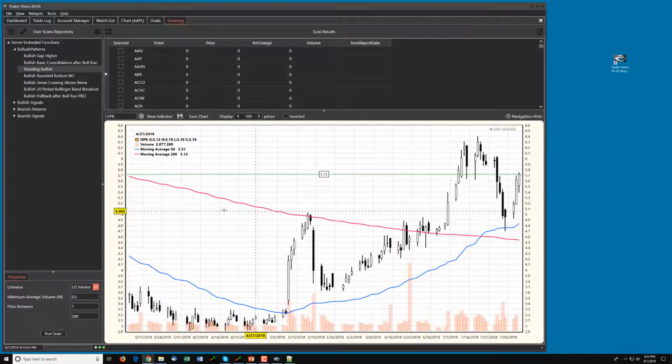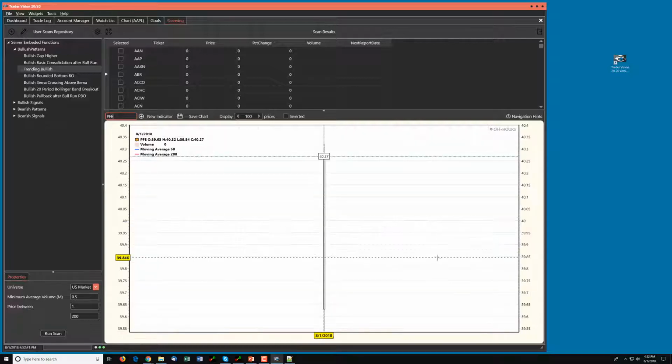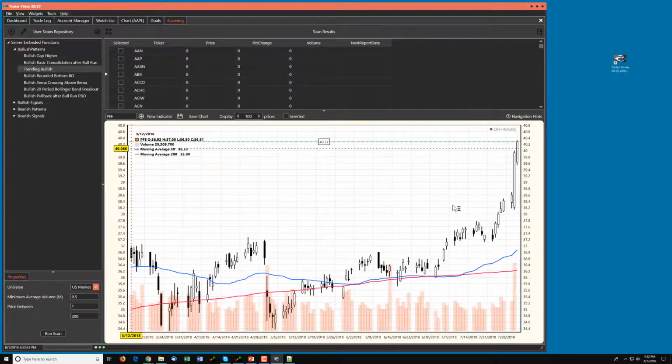William, you like PFE? Let's see what we've got there. Wow, guys, if you were planning an options trade, possibly, I don't think I would chase this thing without a pullback. That's a big move. Look at these other candles.